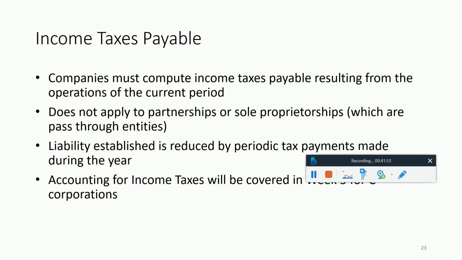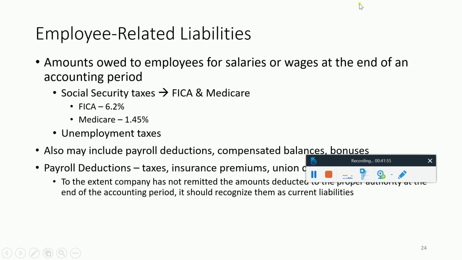Now, another really big item on the balance sheet, especially in the current liability section, is employee-related liabilities. And so there's a variety of different types of employee-related liabilities that can arise. So we have the amounts that are owed to employees for salaries and wages at the end of the accounting period.